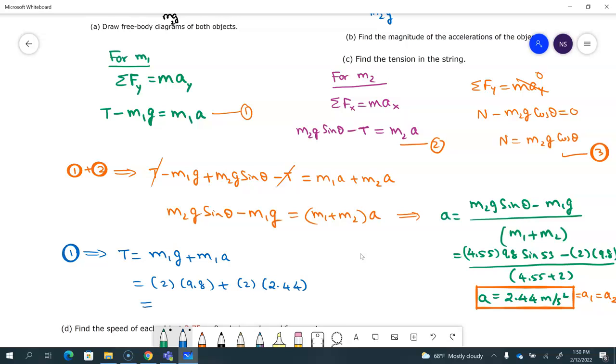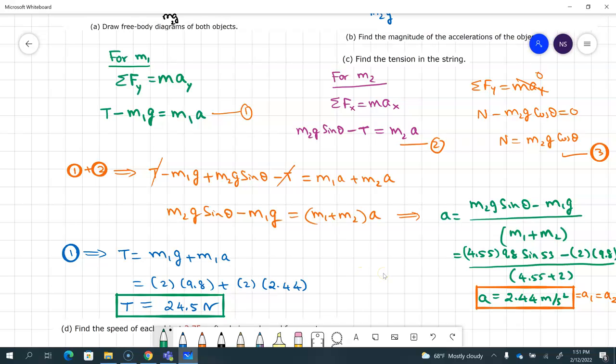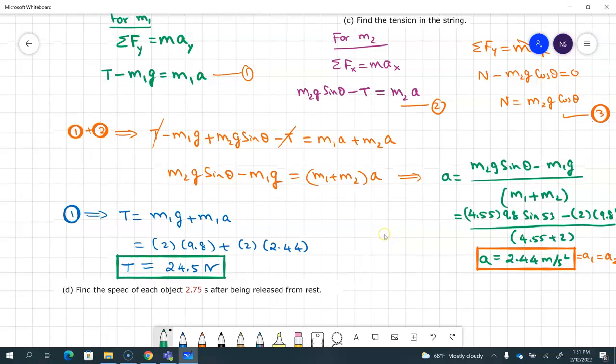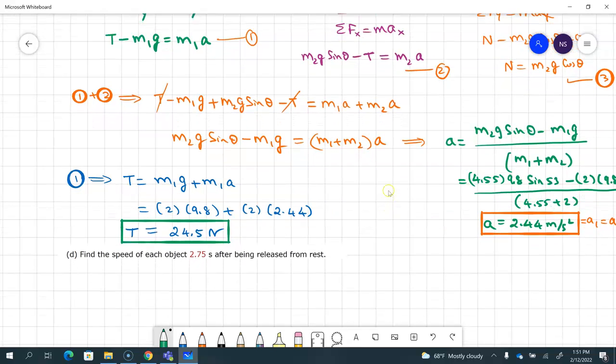And if I substitute that, I see that it's 24.5 newtons. Okay. Now you could have also used equation 2. I would strongly recommend using equation 2, and you should be able to show that it gives you the same tension, 24.5 newtons. Okay, so very typical of these kinds of problems. This is how you do them.